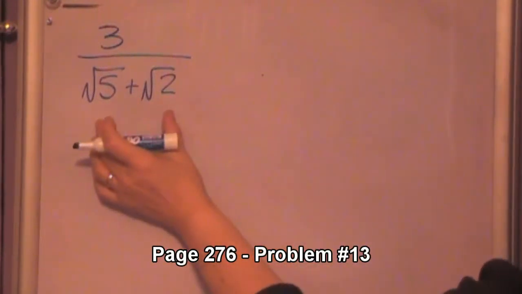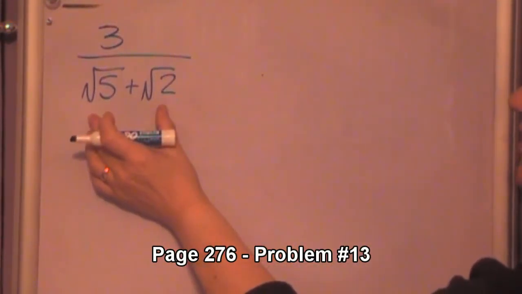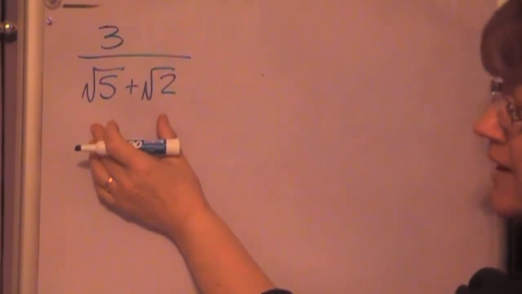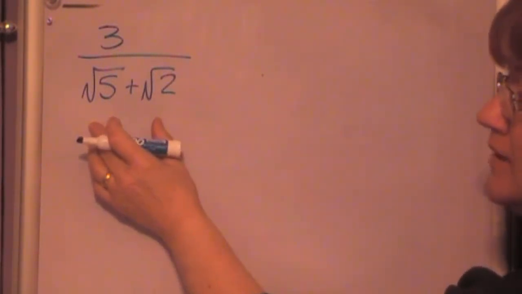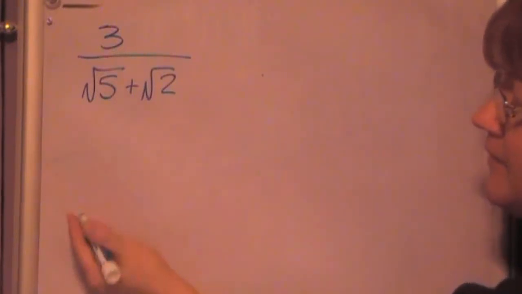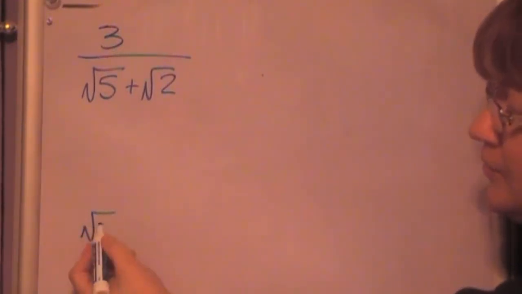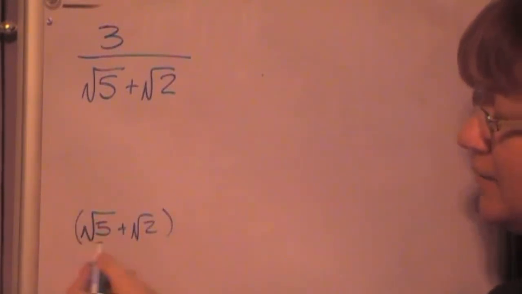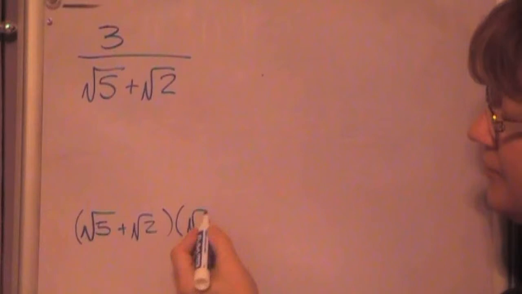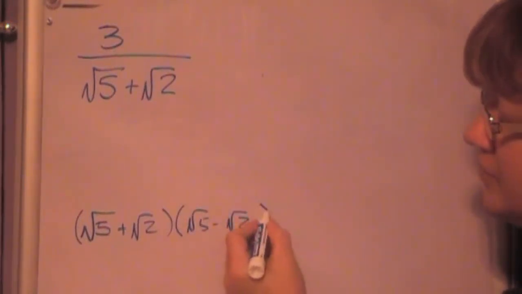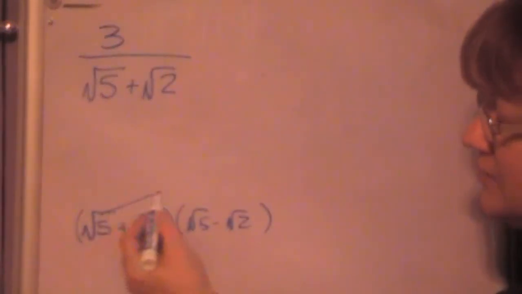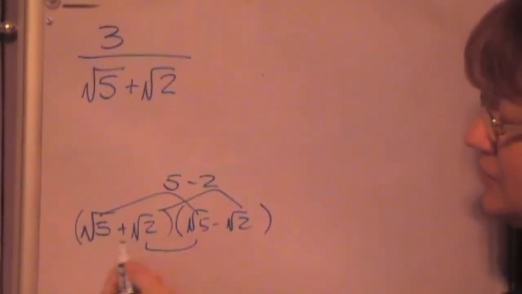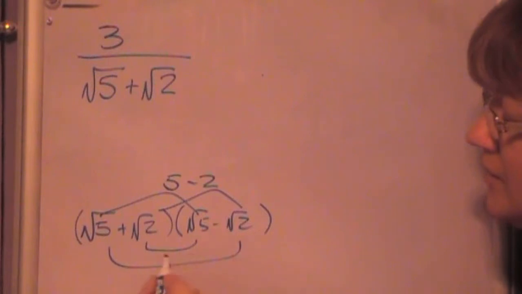When you have a radical on the denominator, which is a sum, you need to multiply it by something that's going to get rid of the radicals on the denominator. Well, as you just saw in a previous example, if I had root 5 plus root 2, and I were to multiply that by root 5 minus root 2, and FOILed these, this one would give me the 5 minus 2, and the middle term basically drops out.